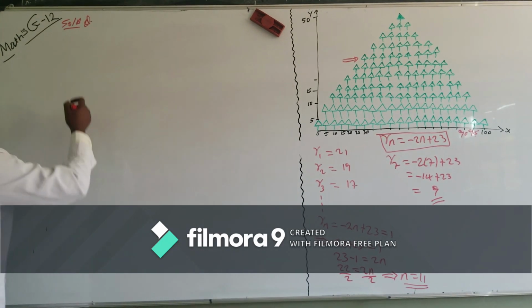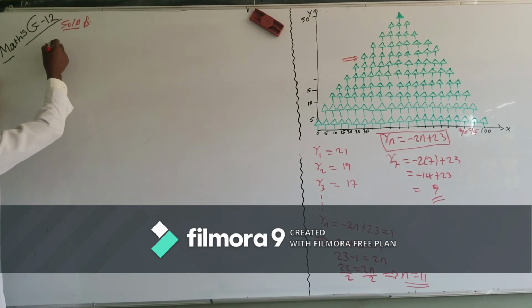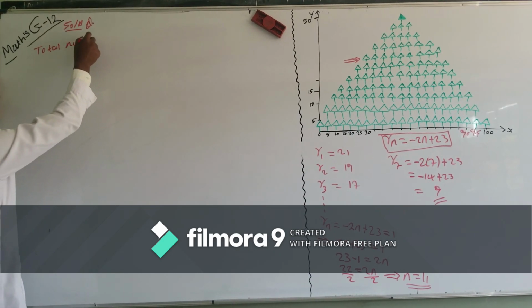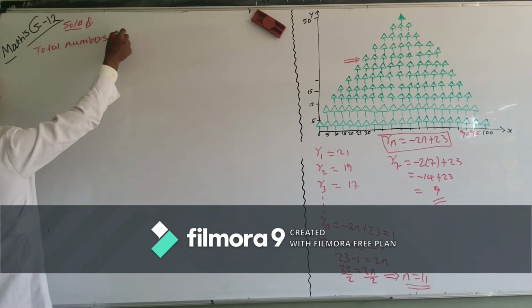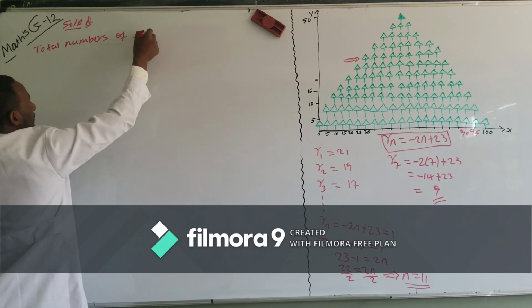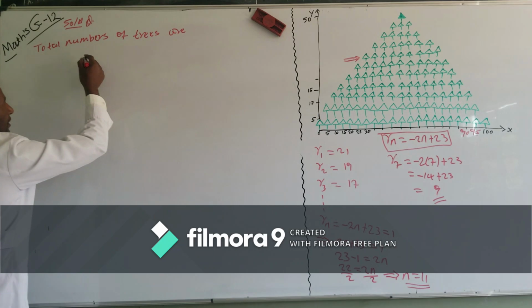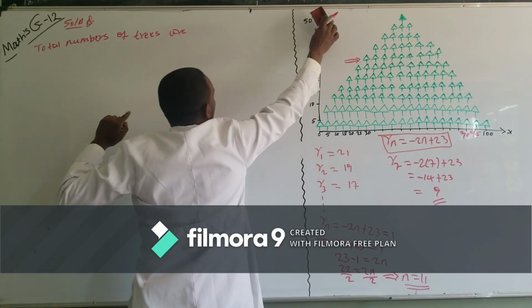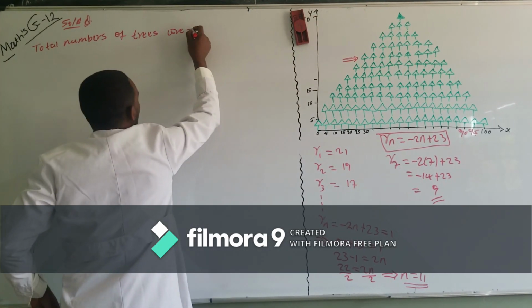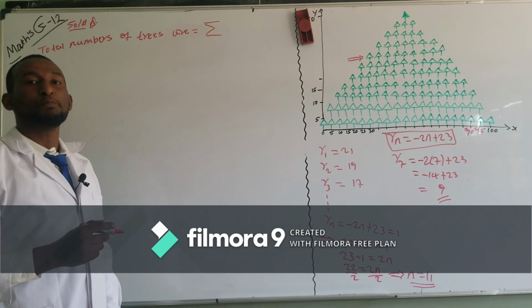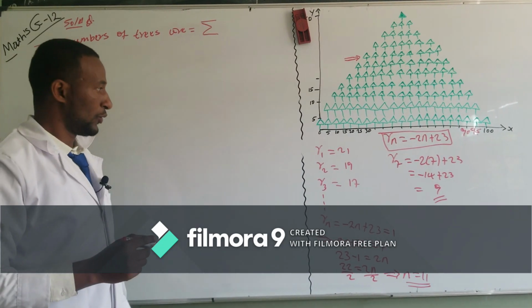That means D, the total number of trees, is equal to summation of number of trees in each row.